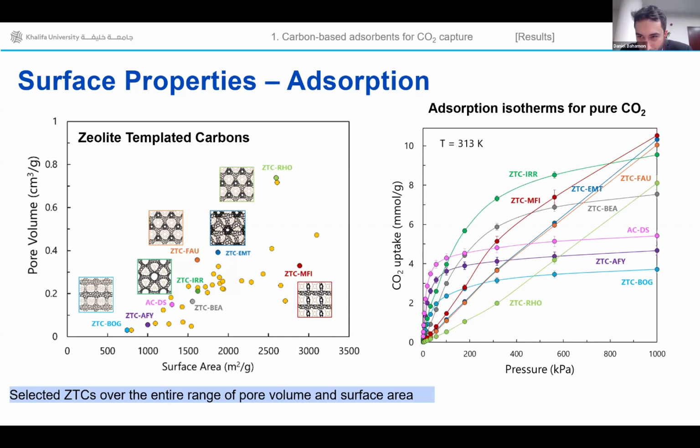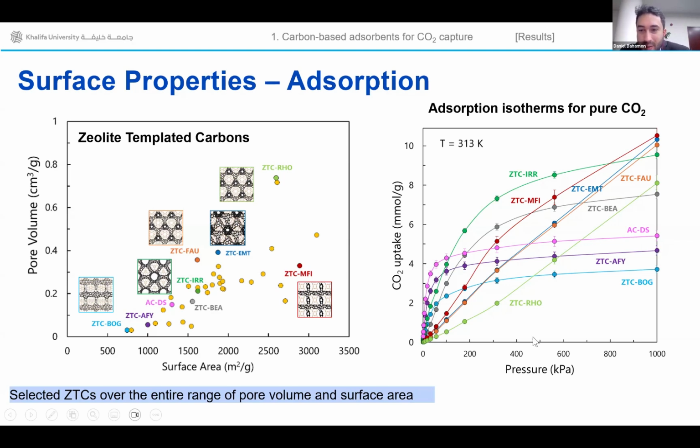So for pure CO2, at a condition of 330 Kelvin, which is around 60 degrees Celsius, the temperature you might get at industrial conditions for post-combustion, these are the adsorption isotherms of the different materials. You might see the different zeolite templated carbons as ZTC and the other name, and I'm comparing also the activated carbon.